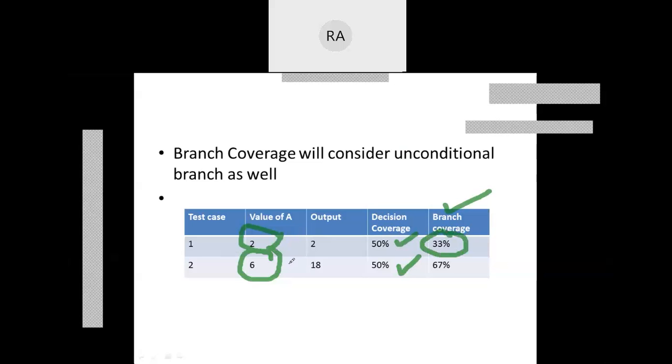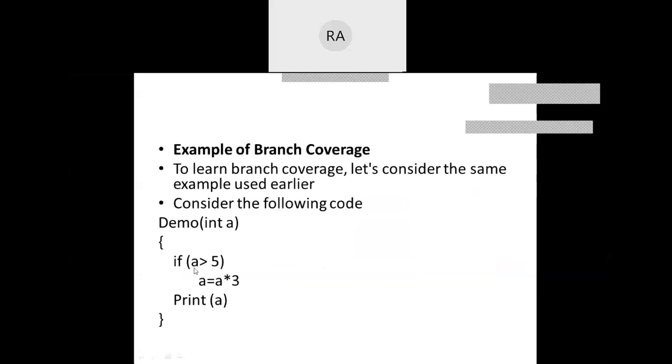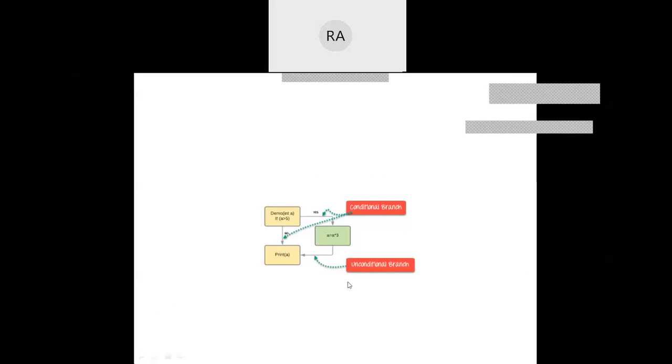Whenever the value of A is 2, I will explain via this diagram. Is 2 greater than 5? No. So it will just print the A value. That is only one branch executed.